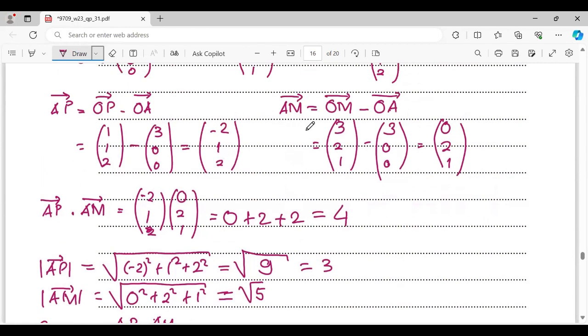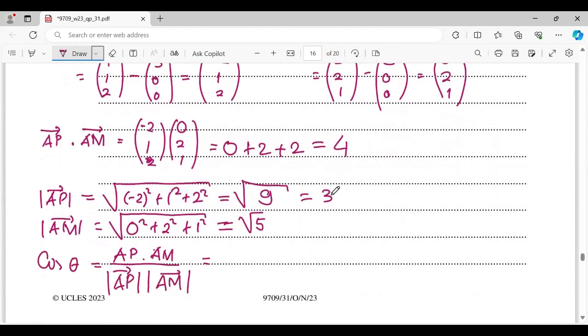AP dot AM is 4, so it is 4 over 3 square root 5.